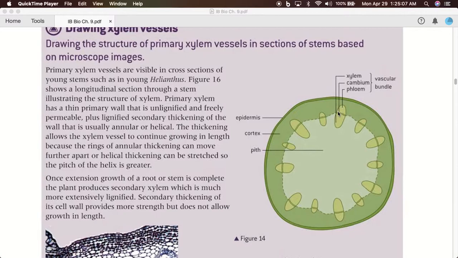And then there is a set of tissue called cambium that separates the xylem and the phloem, and together the xylem, cambium, and phloem are called the vascular bundle. But again, the xylem is closer to the center of the cross section and the phloem is closer to the outside of the cross section.